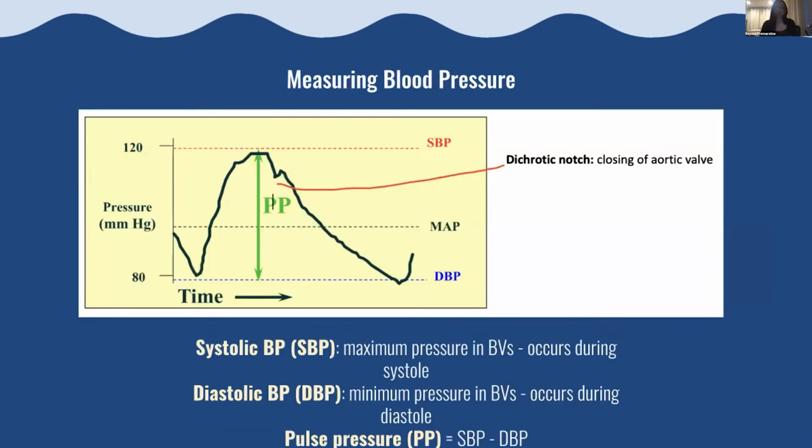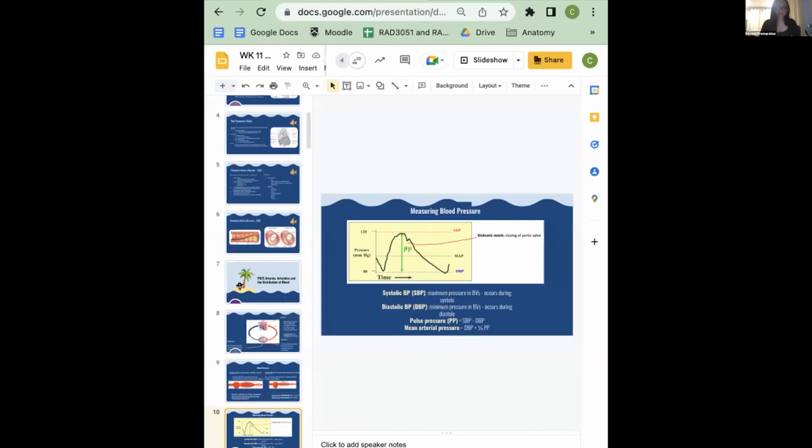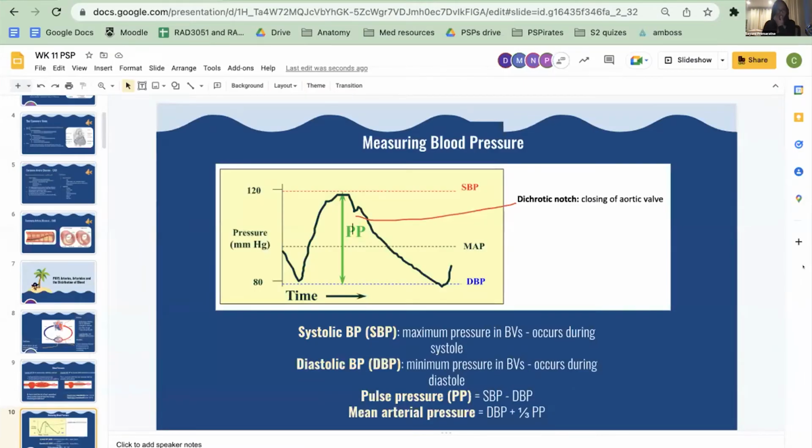Okay, in terms of measuring blood pressure, I think there might be a bit cut off down the bottom, but we have your systolic blood pressure, which, as I mentioned before, is the maximum blood pressure in your blood vessels. Diastolic blood pressure is the minimum pressure in your blood vessels.